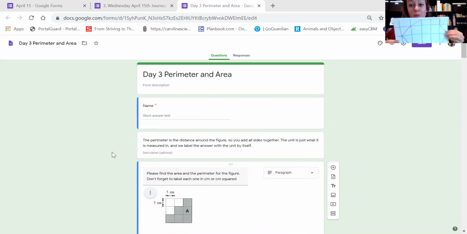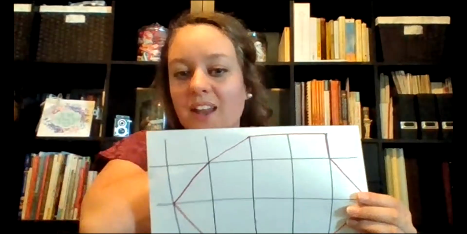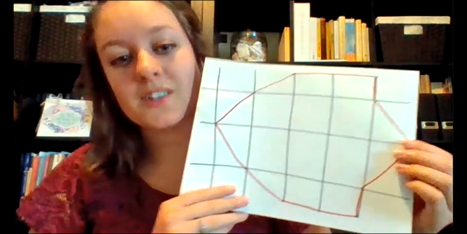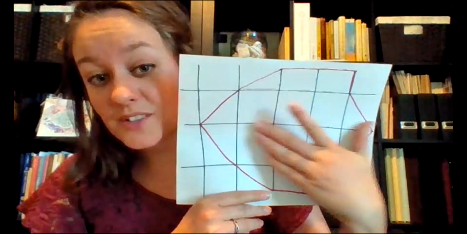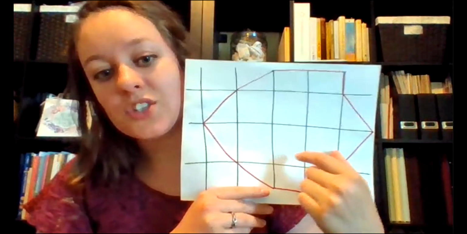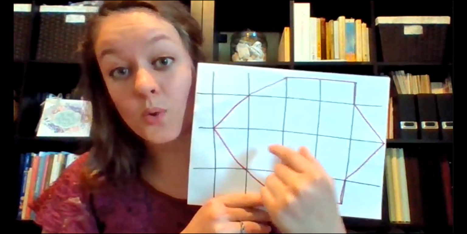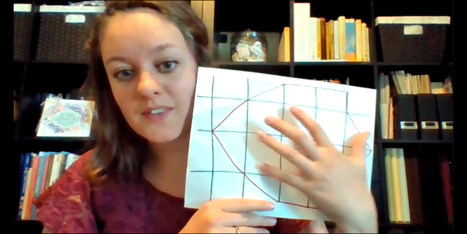When we talked about perimeter and area yesterday, we just talked about area and how area covers the surface and how each unit in area is measured in squares, because it's like there's an invisible tile.